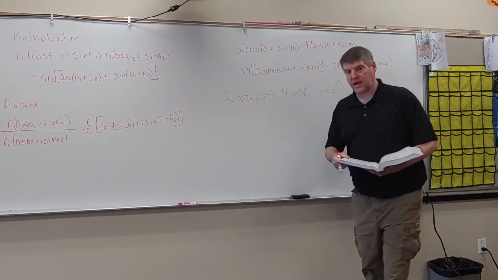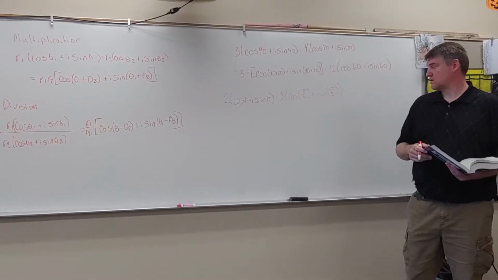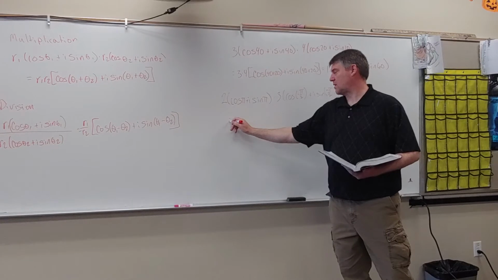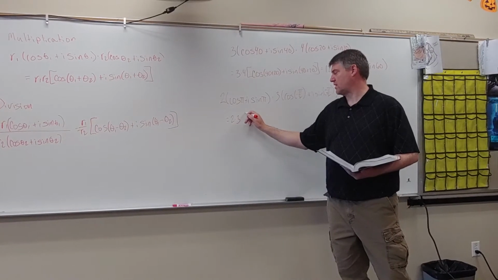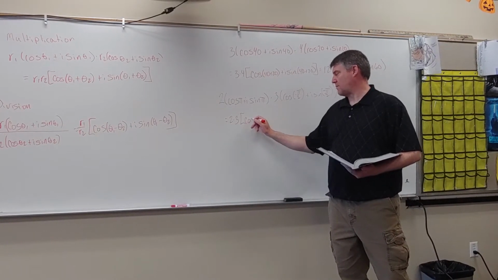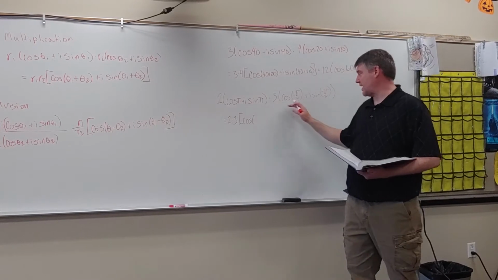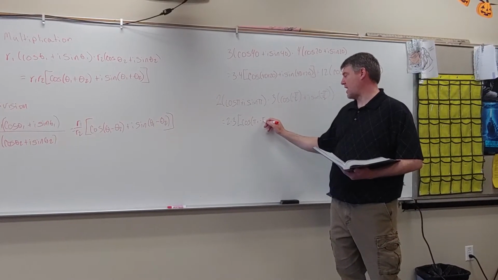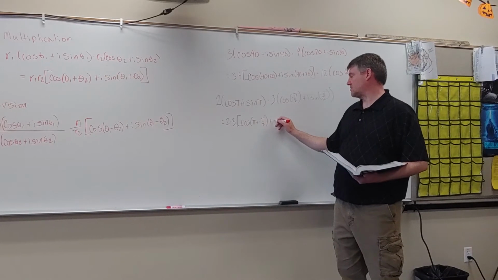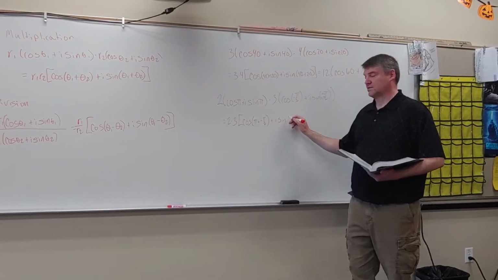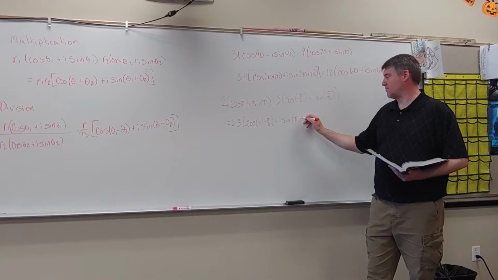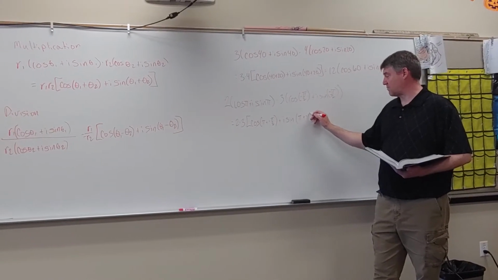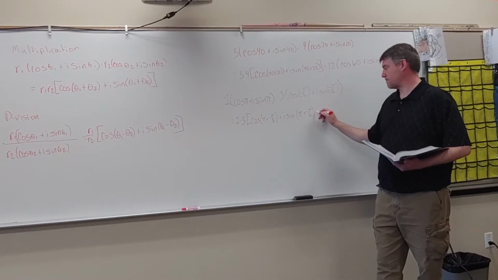Okay. And so now I want to find the product there. So once again, I'm going to multiply my two separate radii together, and I'm going to add these angles together. Pi plus negative pi halves, plus i sine of pi plus negative pi halves.